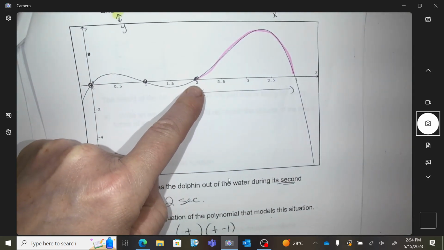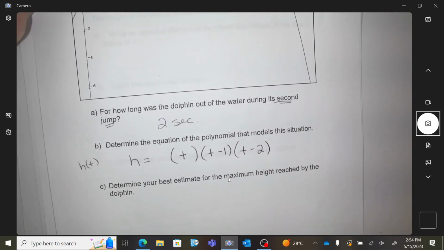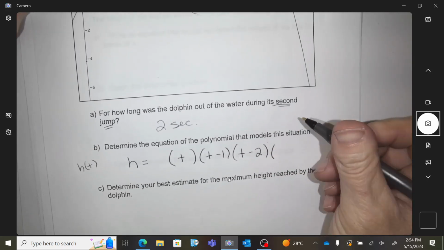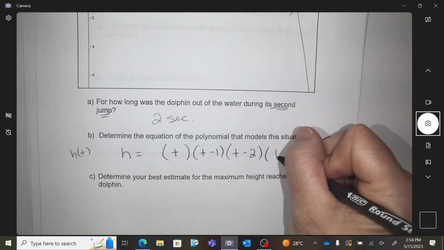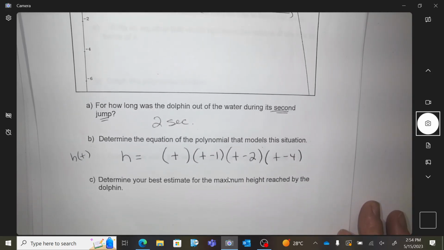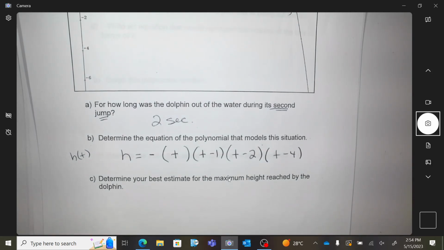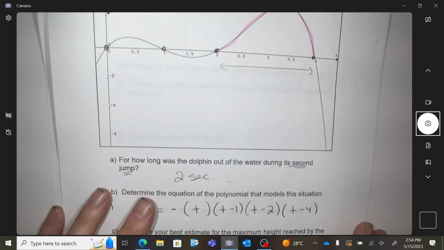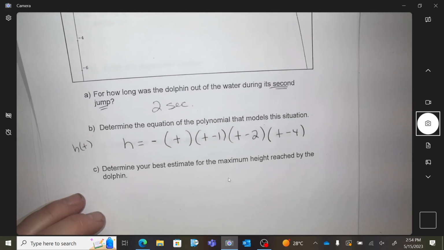Here's an intercept at 2, so I'm going to write t minus 2. And at 4, so t minus 4. Okay, there is one more thing I need in this equation: a negative a. I can't calculate it because I don't specifically know any points because of the way this graph is. So we're just going to write negative, just to make sure we know it's negative.